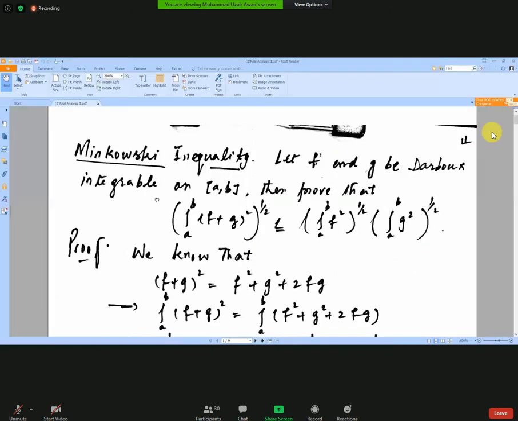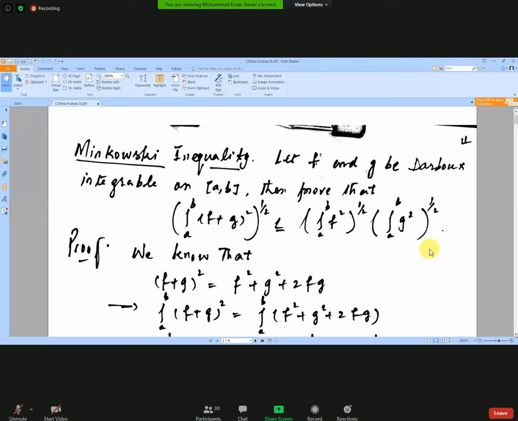This is your Minkowski inequality. It says that if f and g are two Riemann integrable functions on an interval ab, then integral a to b f plus g the square whole का under root is less or equal to under root a to b f square plus under root a to b g square.